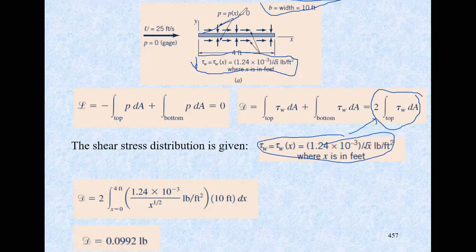So this is if I make it three-dimensional. This is 10, the width in that direction, and times dx, where dx is the length of it. So this is dA, and this is τw.